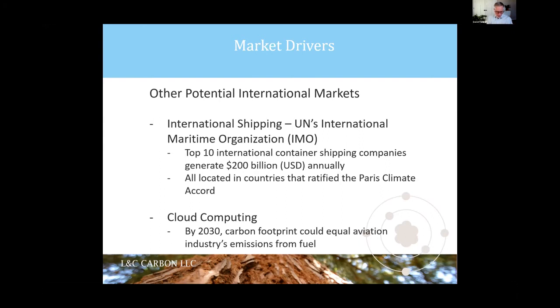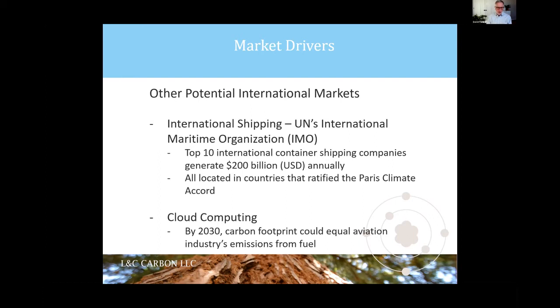And they are a significant demand that if they come on board, which they've been in talks to do, a similar program to what the aviation industry has done, about trying to minimize their footprint and go carbon neutral at some point in the future. And if they begin asking for offsets in the marketplace, again, that's another significant demand element.